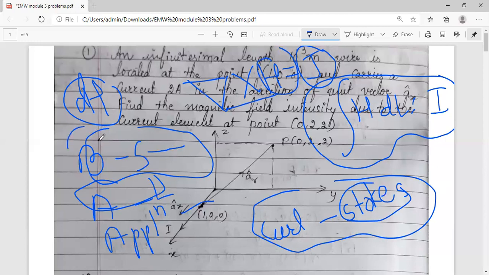Let us start with the first variety, that is Biot-Savart's law, or finding the magnetic field intensity H, or finding the magnetic flux density. Both may be possible because B and H are related to each other. If the question is finding either of these, we can relate them. Find H and you can find B from that. Hope it is clear.